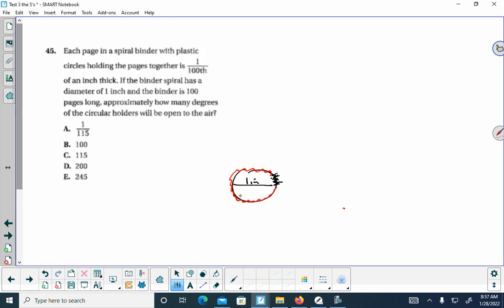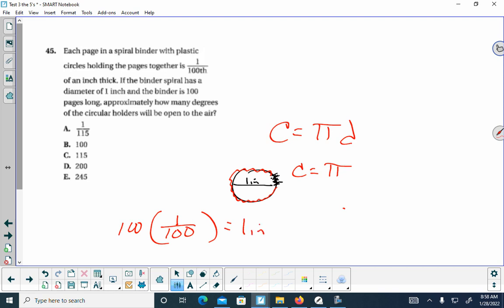So that's going to be a circumference. So circumference is equal to pi times the diameter. My diameter is 1, so this is going to be pi. And then each page is 1/100th of an inch. So I have 1/100th of an inch for each page, and I have 100 pages, so I know that I'm using 1 inch.